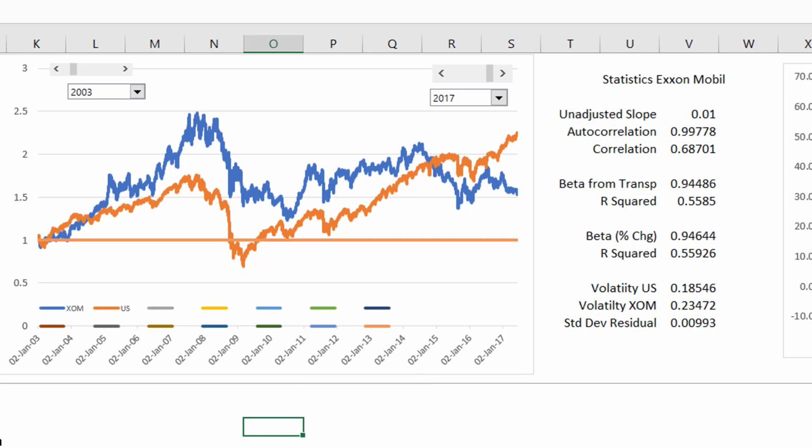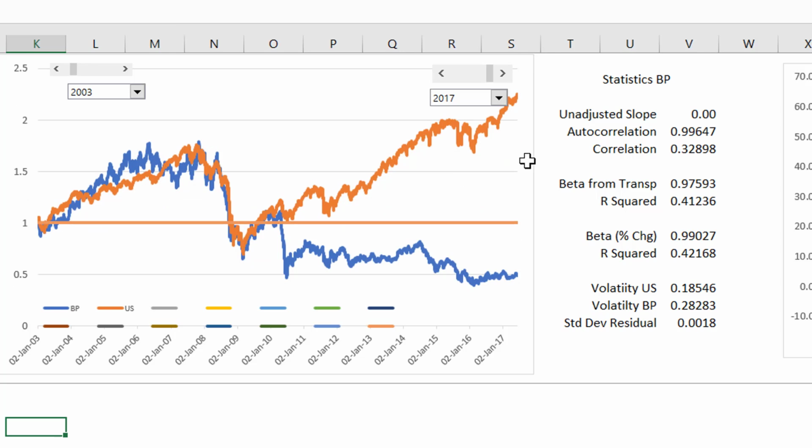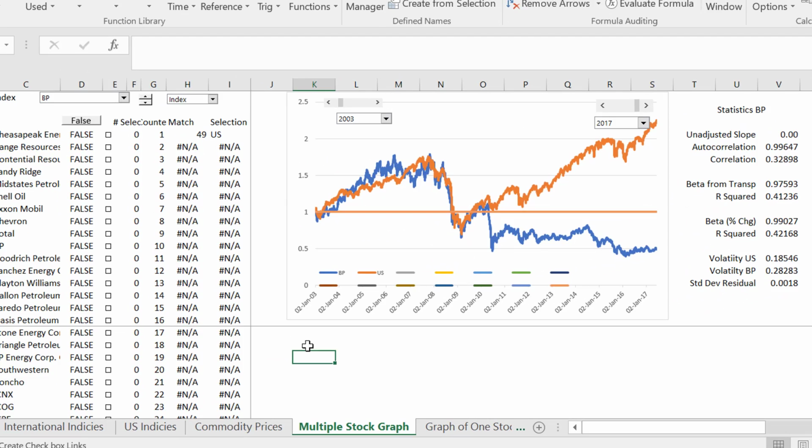Now, how about we try BP. Not very interesting, the same sort of thing, the same sort of beta. It is kind of interesting that all of these stocks must move very closely together, so they have the same beta. You can also see how they react to the oil price.